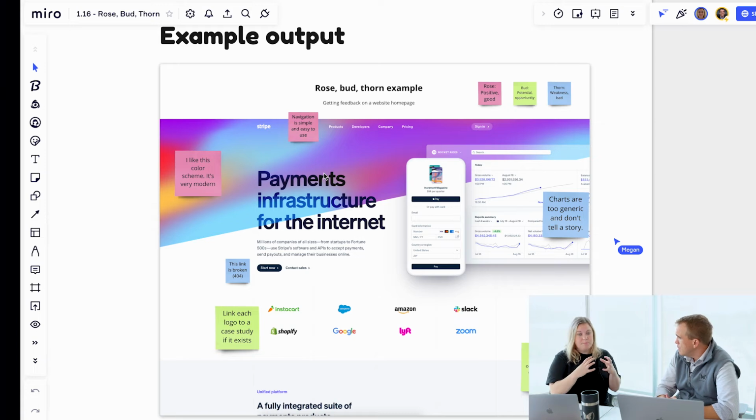So the roses, buds, and thorns are just a way to help people structure the way that they respond to you. Not all the roses are going to be really awesome things about your design, and all the buds are not going to be all the opportunities you have to capitalize on. I often tell groups that one person's rose could be someone else's thorn.